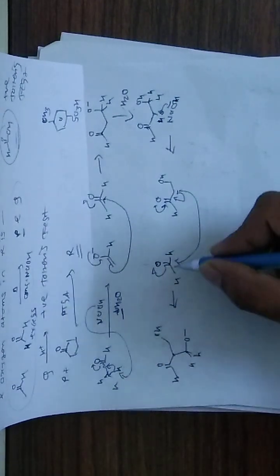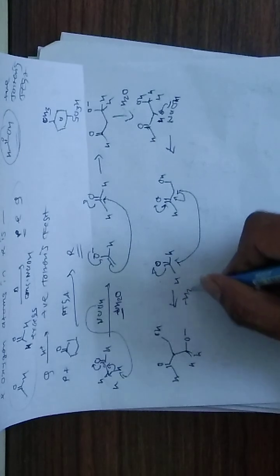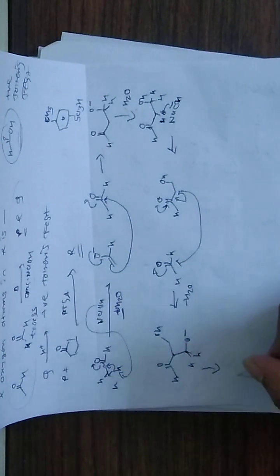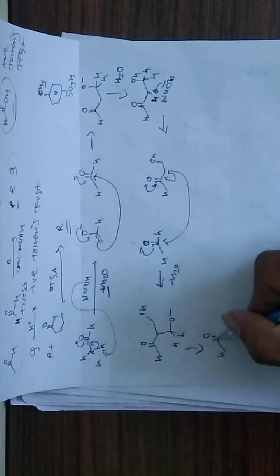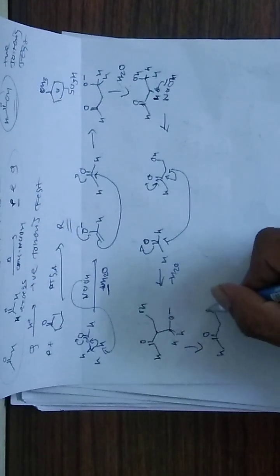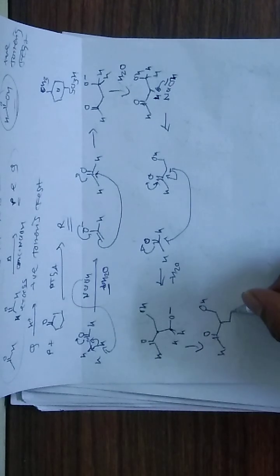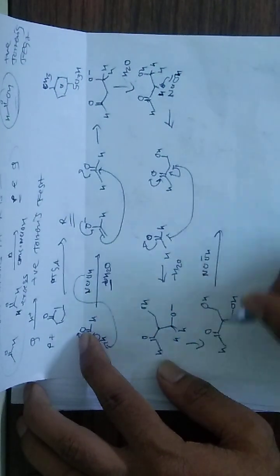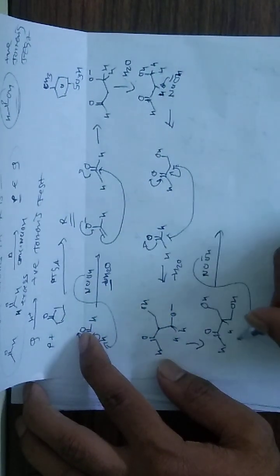Again, the O minus takes a proton from water, and this makes an alcohol, here also an alcohol. Again this carbon has one alpha hydrogen and the base is also present, so OH minus takes this proton.